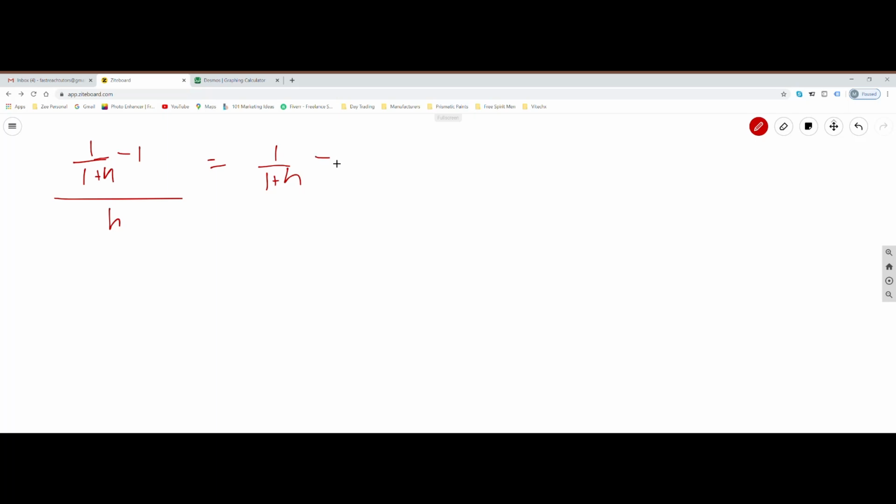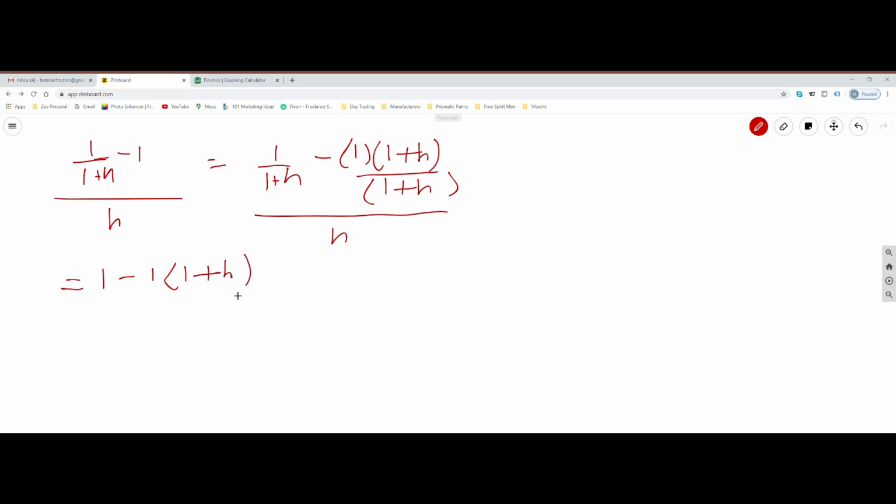And then we're going to multiply the top and the bottom by 1 plus h, so 1 plus h over h.